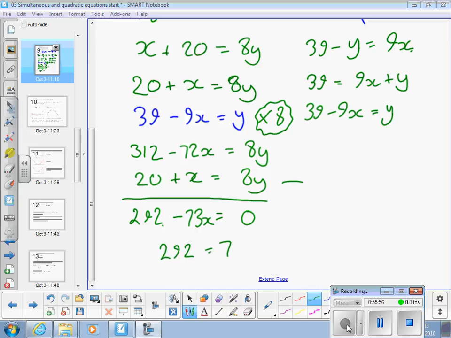292 equals 73x. x equals 292 over 73 equals 4. 292 equals 73x, so you divide both sides by 73.